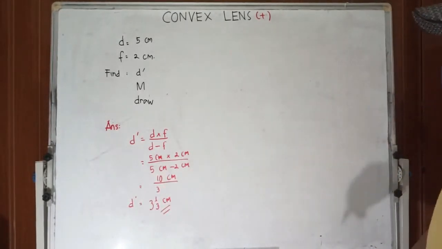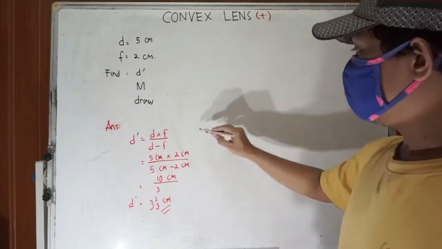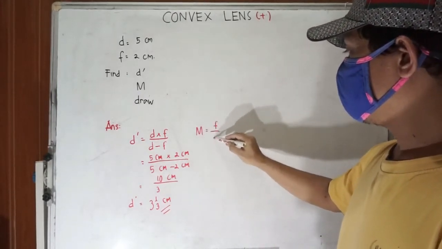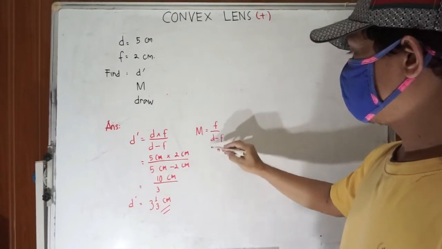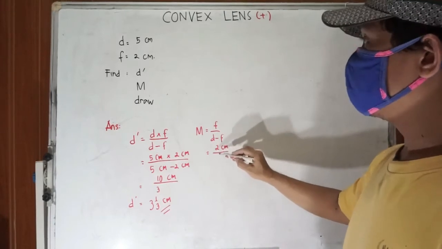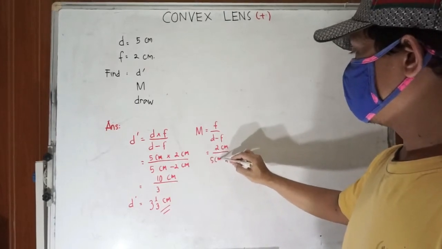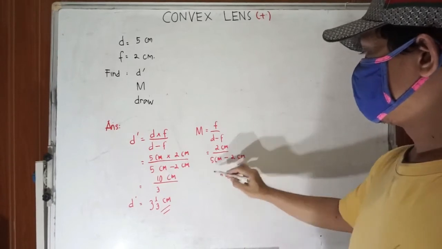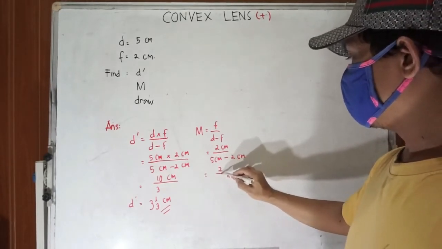Very easy, right? Now is M. M equals F over D minus F. F is 2 cm over 5 cm minus 2 cm. 2 over 3.